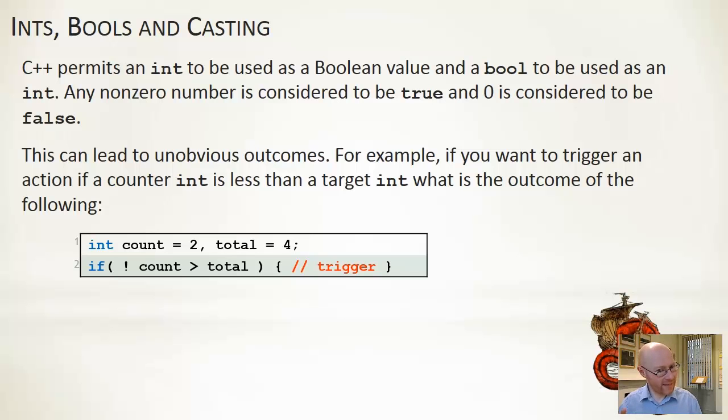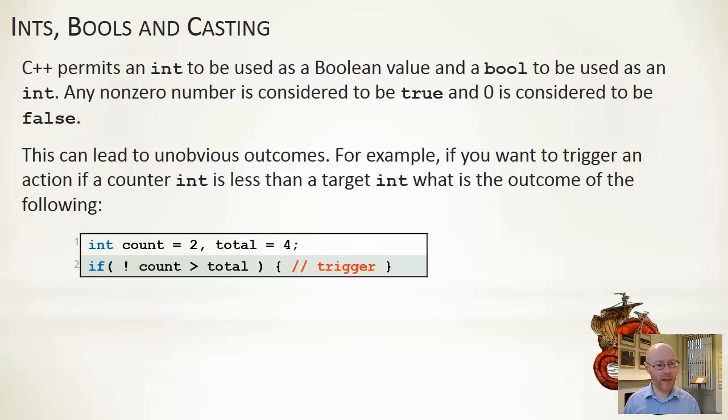My intention is that if count isn't yet beyond total, so it's less than or equal to total, then I want to trigger some action. It's only when count exceeds the total that I don't want to do it. So I'm asking here that if it isn't the case that count is greater than total, then trigger the action.